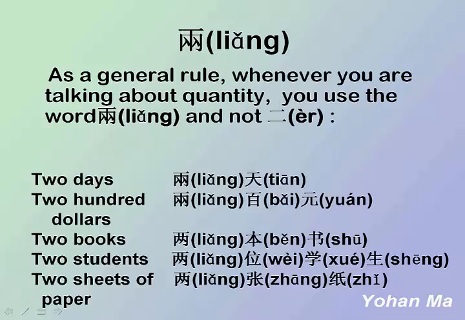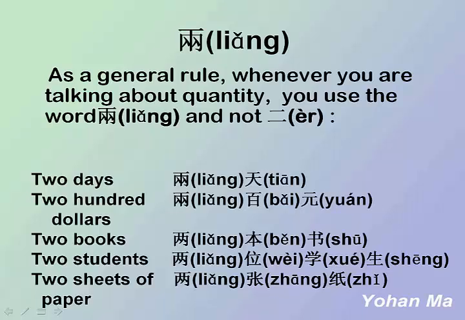In Chinese, we never use plural forms. They're always the same term, no singular or plural. 两位学生. 两张纸. 纸, paper. 张, that's a unit for paper.